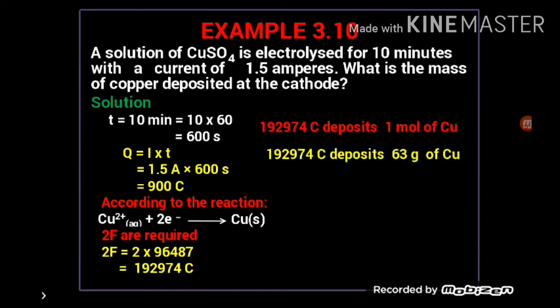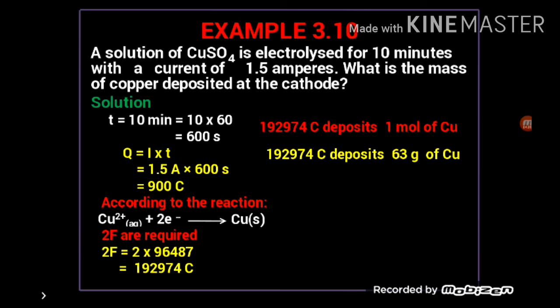So 1,92,974 coulombs deposits 63 grams of copper, because the mass of 1 mole of copper is 63 grams.